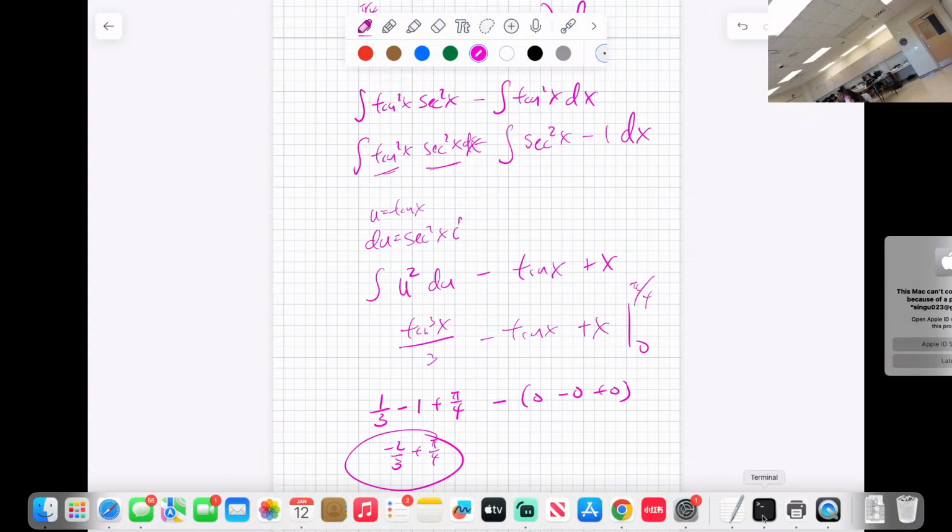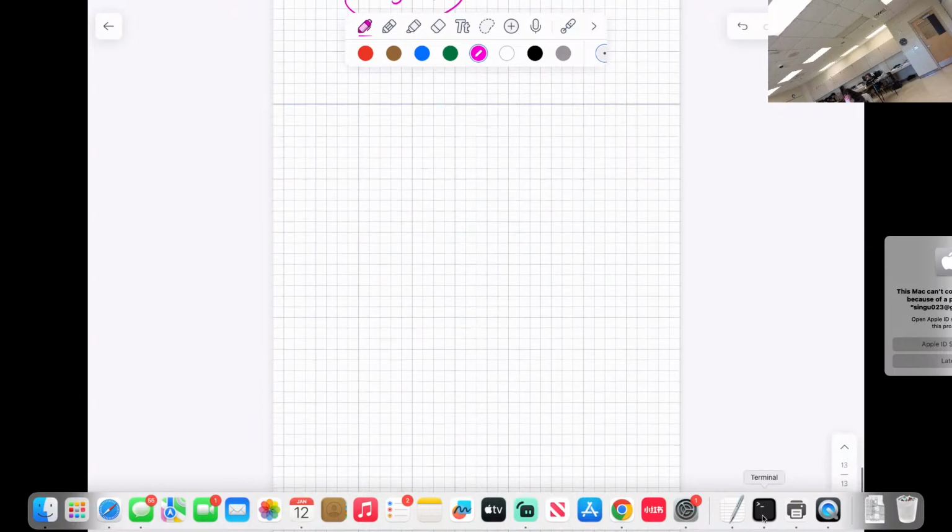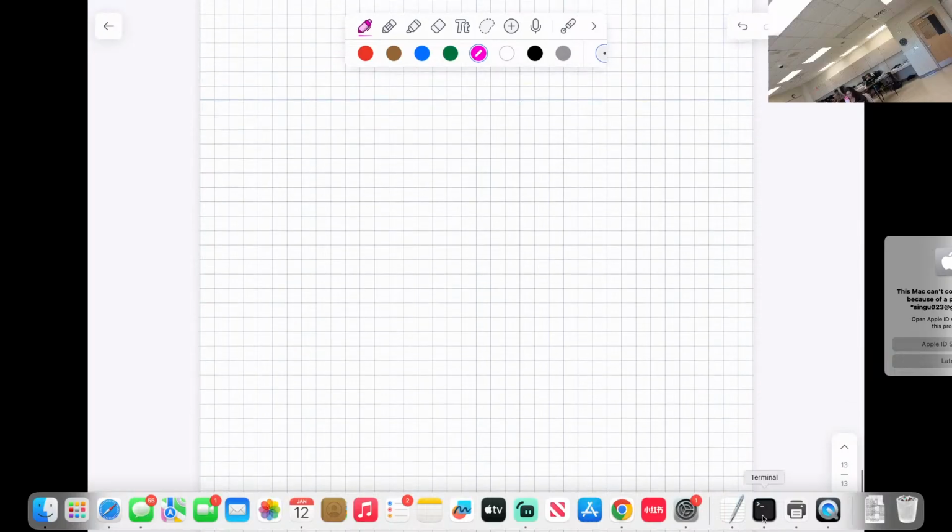All right. Next situation is the unique situation. Why is it unique? It's sine or cosine to an even power only.